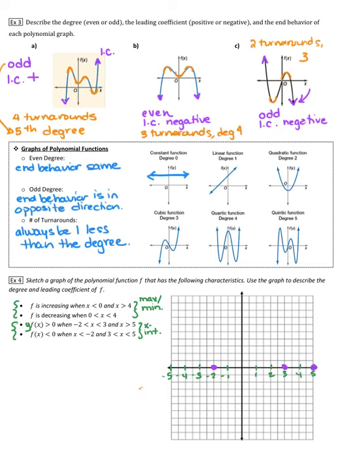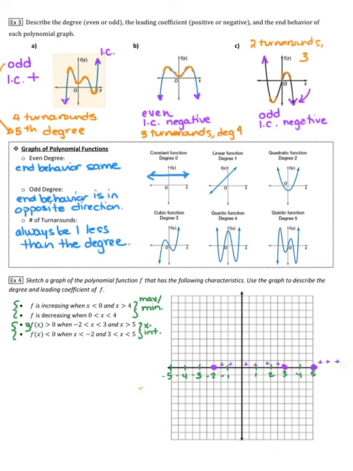Now, why? Because when I read this through, y is greater than 0 between -2 and 3. So what I'm going to do between -2 and 3 is I'm going to put little tiny plus marks here above the line, because that means my graph is going to be above the line there. All the y values will be positive. And for x is greater than 5, so after that, I'm also going to be positive.